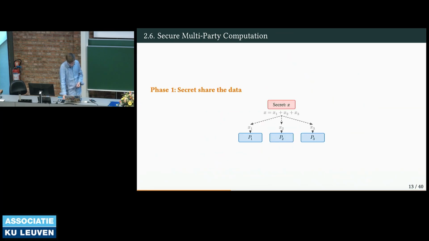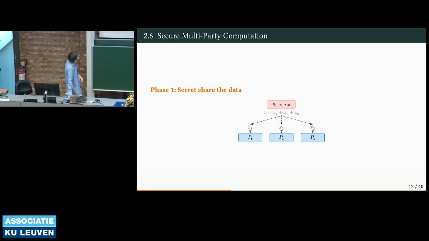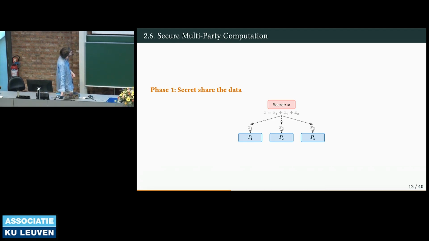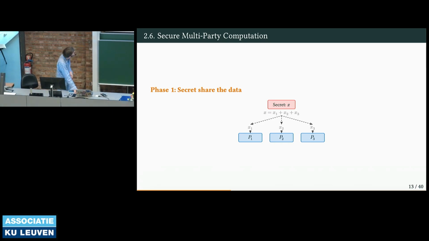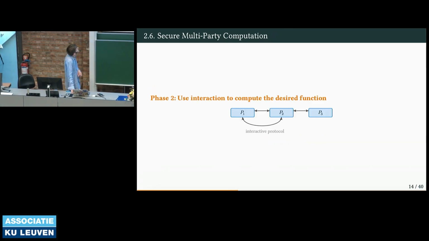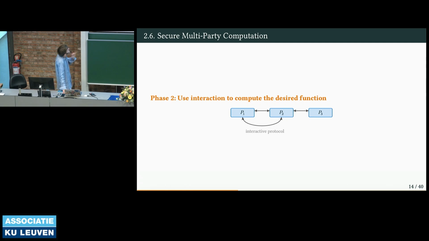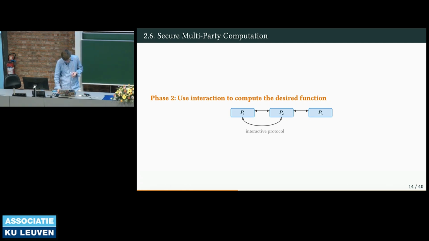To exemplify this a little bit, someone has a secret, a data owner, and they can create the sharing of it and distribute it to the parties. Then the parties are going to interact with each other several times to compute the function.